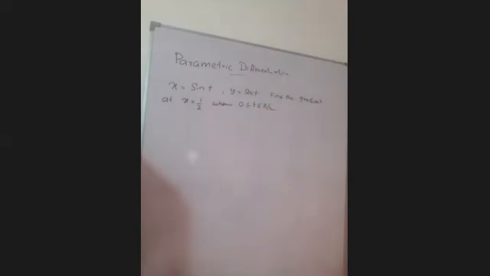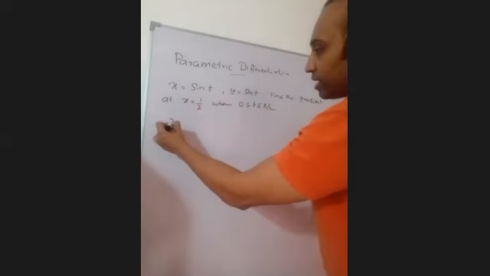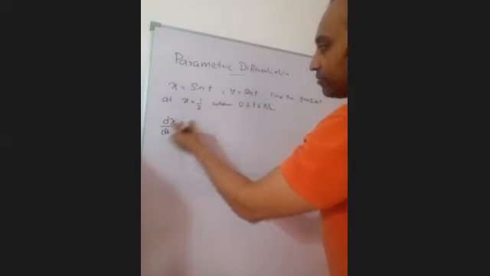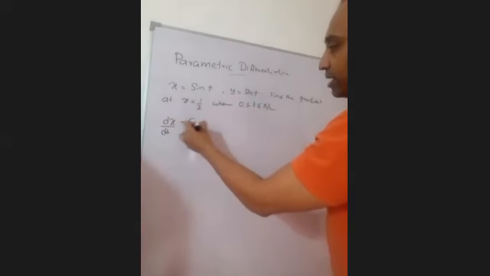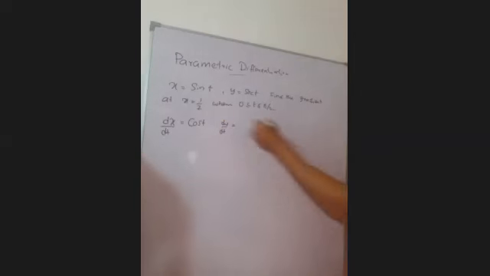Right. So what you need to do is, to find the gradient, we need to find dy by dx. So we can find dx over dt. If you differentiate sin t, the answer is cos t. Then dy by dt. Differentiation of sec t is sec t tan t.